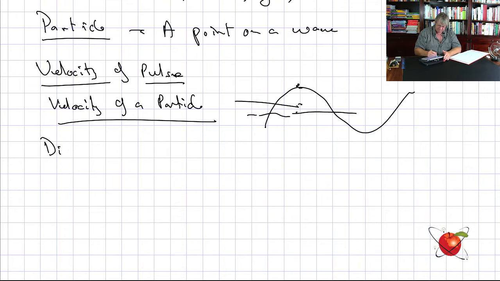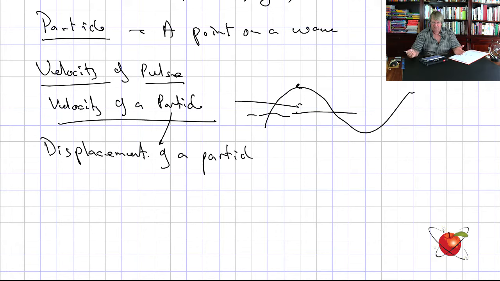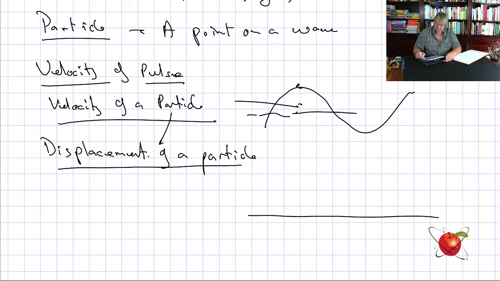All right? My displacement, okay? The displacement of a particle, I could be the particle, okay? Let's just look at this. Here's the sea with no wave.